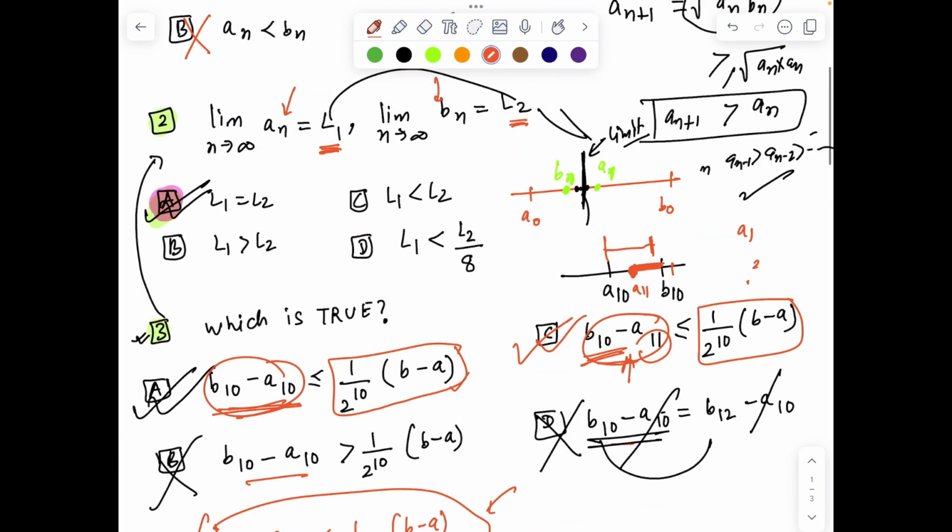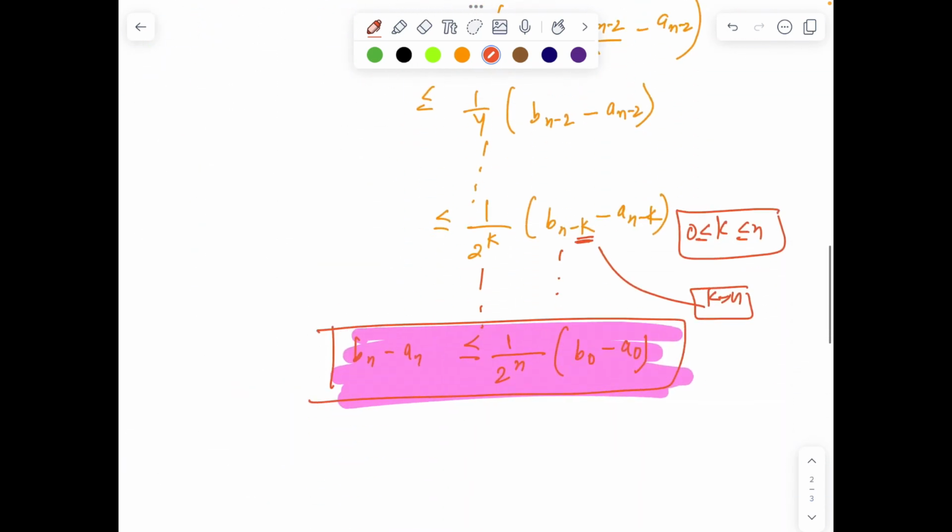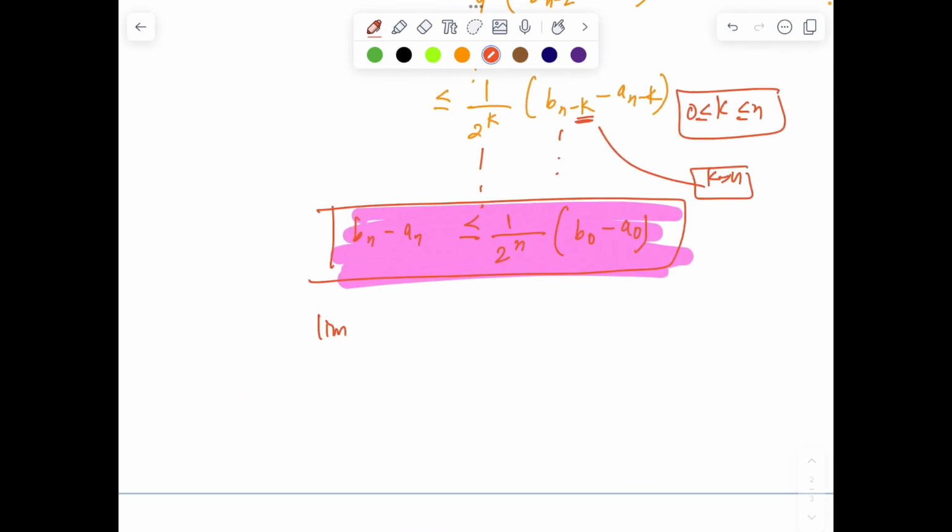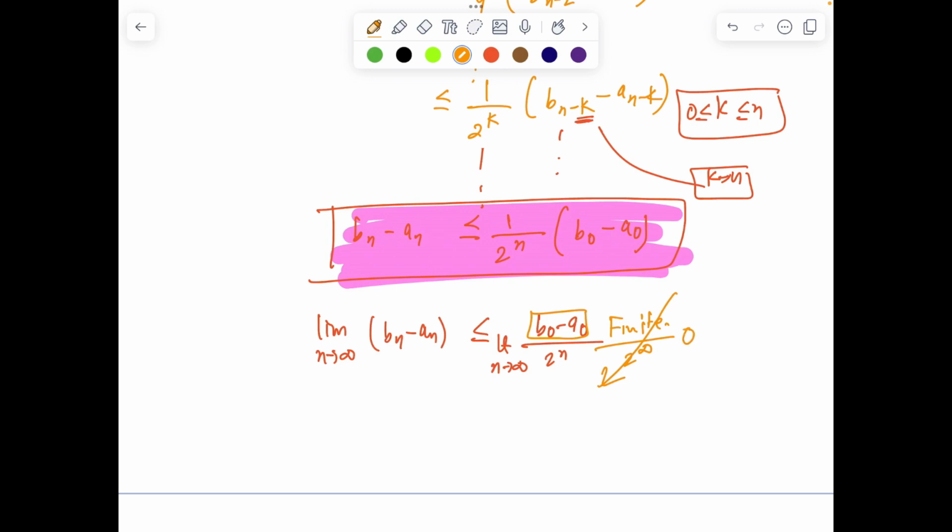Okay, and now we are ready to prove the question for part 2, because here if I take the limit as n tends to infinity of b_n minus a_n, that will be less than the limit of (b0 minus a0)/2^n. And see, we started with finite values of b0 and a0, so this is some finite number divided by 2 to the power infinity, and that's going to be 0.